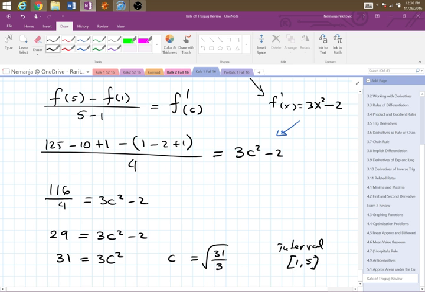So there you go, about 3.2. So c is the value at which the instantaneous rate of change, which is the derivative, and the average rate of change have the same value. So that's the mean value theorem.